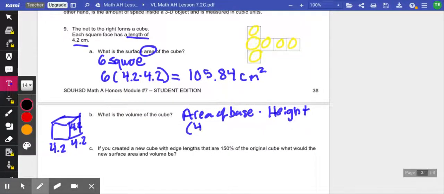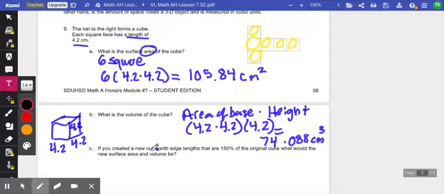So for the area of the base, I'm going 4.2 times 4.2. For the height of the prism, I'm going 4.2. So when I multiply 4.2 times 4.2 times 4.2, I get 74.088, and now I am in cubic units, so centimeters cubed.